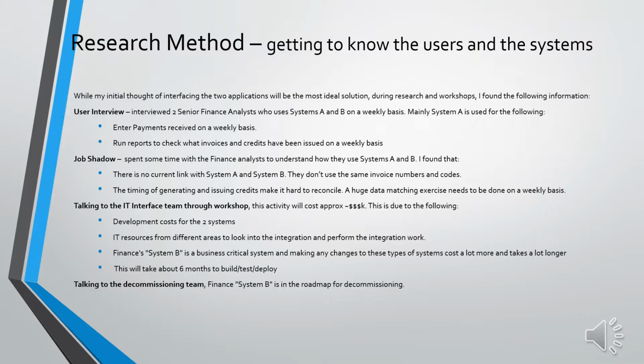System B is a business critical system, and any changes you make to these types of applications do cost a lot more and take a lot longer. In this example, System B will take about 6 months to build, test, and deploy.